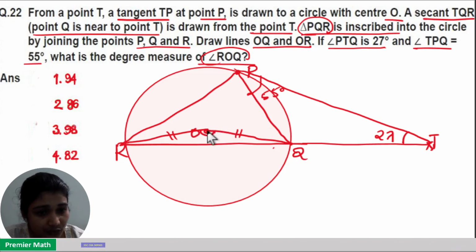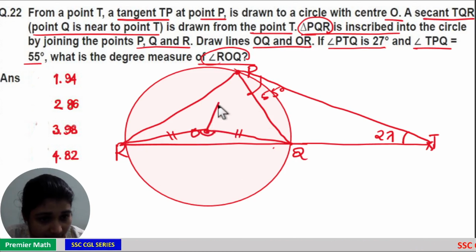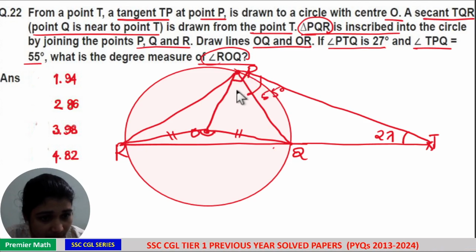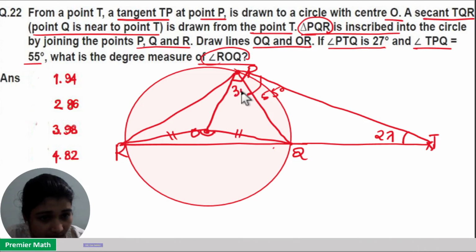Here if you draw a radius to this tangent, the radius creates 90 degrees with the tangent. This is 55, so this angle is equal to 90 minus 55, that is 35. This angle is 35. If this is 35, and this is radius, this is radius, so this is an isosceles triangle. This angle is equal to 35 as well.